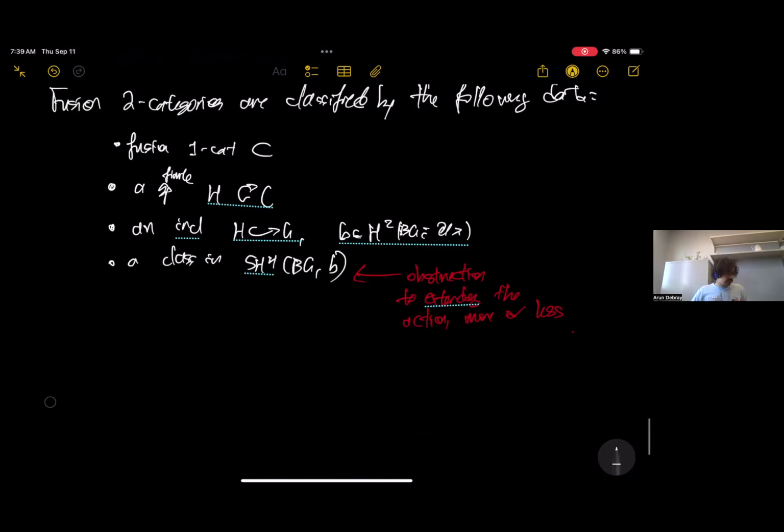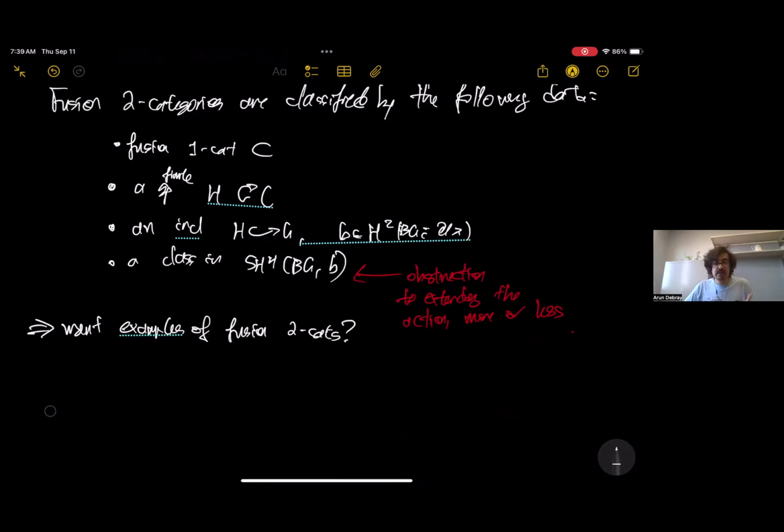So the takeaway is, let's say that we want to understand examples of fusion 2 categories. Which is a pretty reasonable thing.